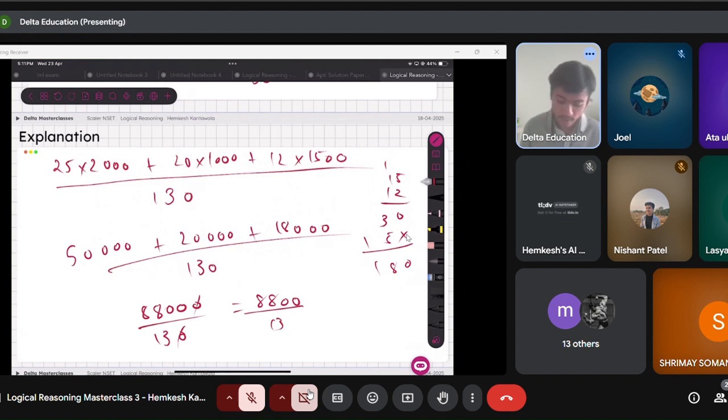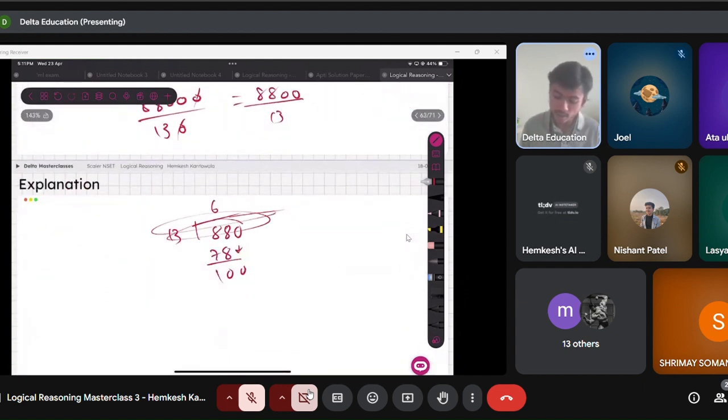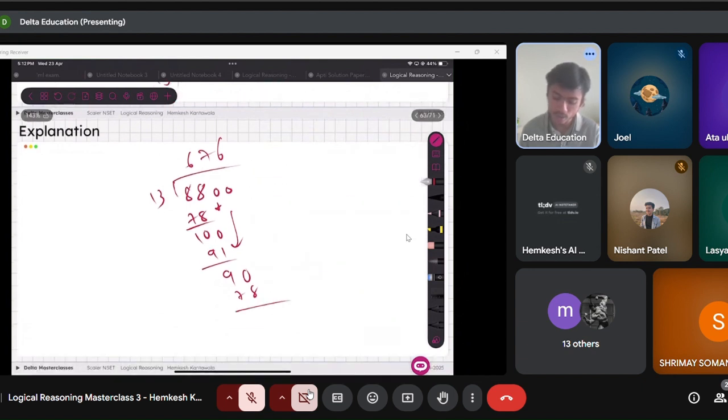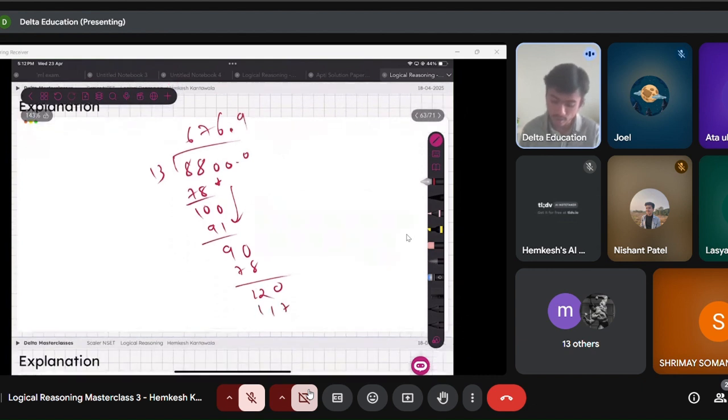So again, dividing with 13, but with one more zero. 13 7s are 91, 13 6s are 78, 13 9s are 117. So this is 3. One more zero. Always we need to find up to 2 decimal places.